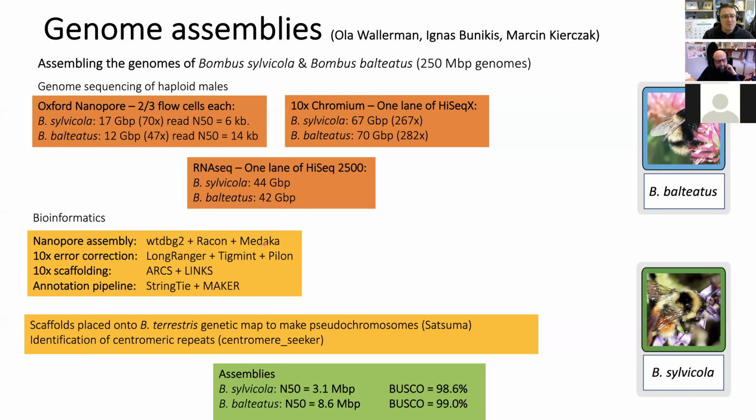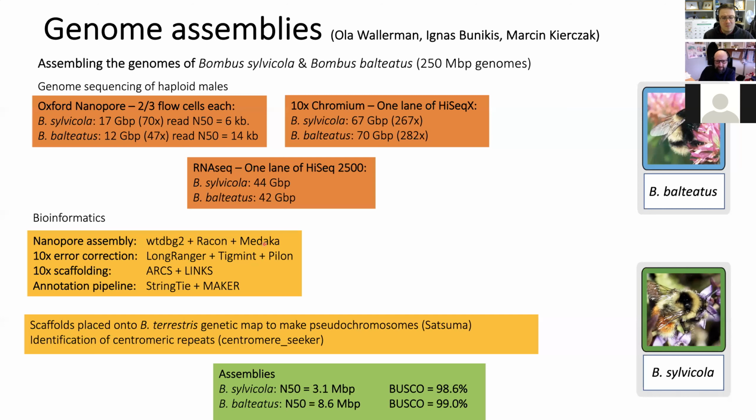We placed them onto pseudochromosomes using the genetic map from Bombus terrestris, because we didn't have a genetic map from these assemblies. And so this produced assemblies with pretty high contiguity.